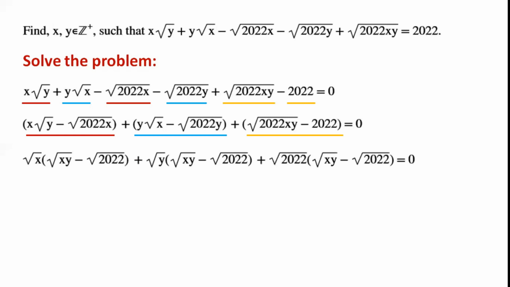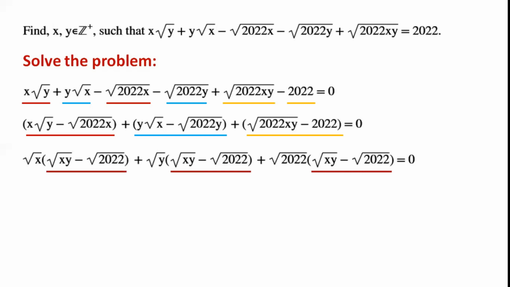And the two terms in the next group have a common factor, √2022. So we can now write √2022 times (√(xy) − √2022).